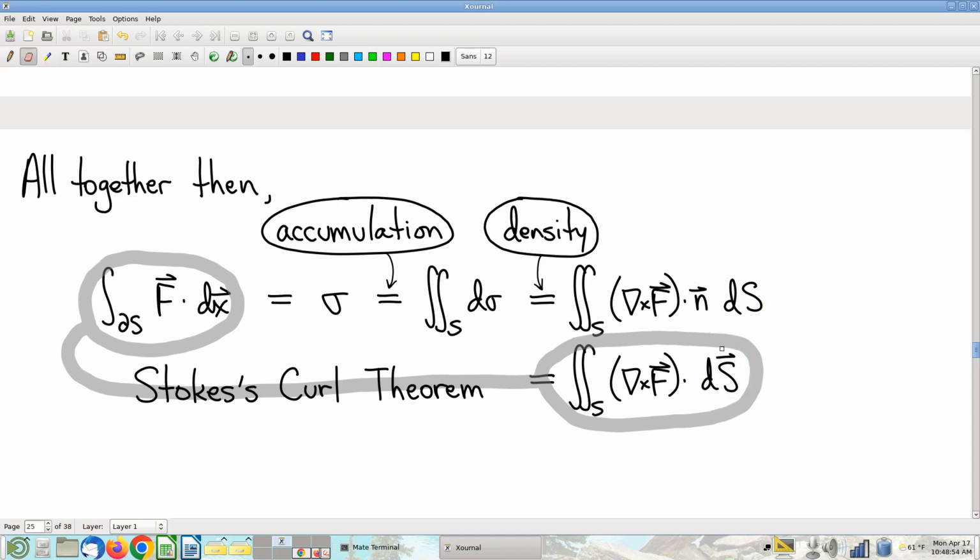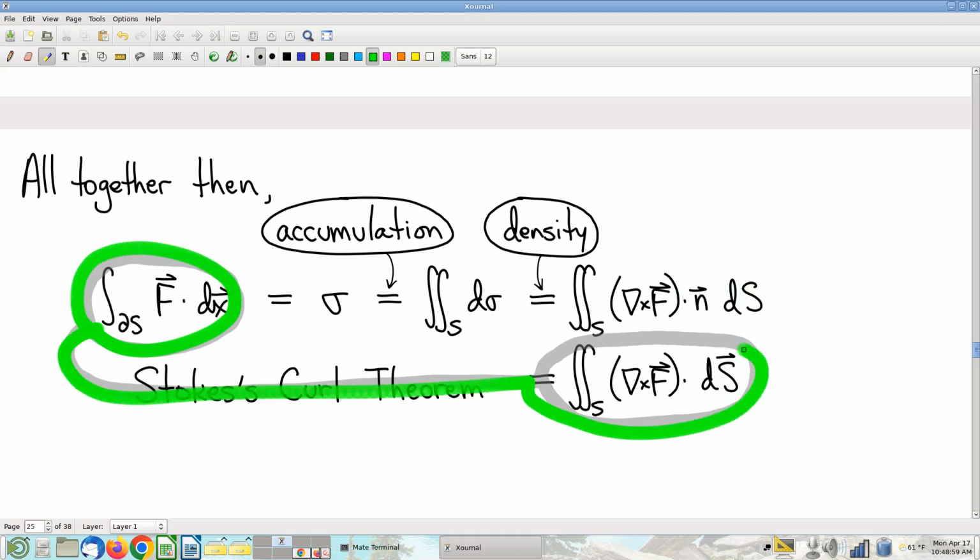And so I think it's better to write down this theorem like this, because for one thing, it's a more compact, more convenient, more natural notation. But look at it now: my integrand only depends on my vector field. The dependence on the surface is now completely wrapped up in the vector surface differential. Everything that doesn't have to do with the surface is outside of the differential.